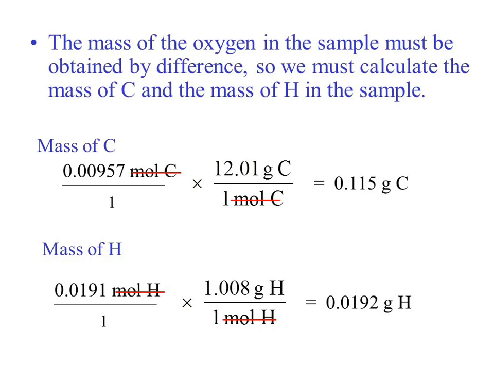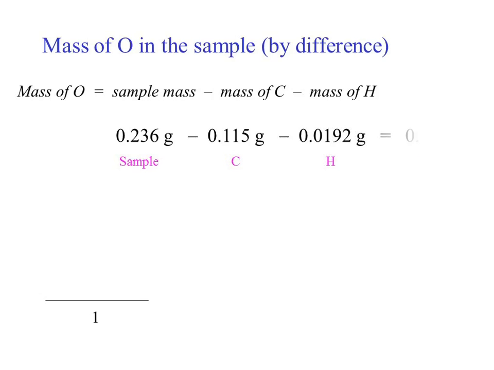So now we can go ahead and by difference get the mass of the oxygen. In the problem, it said that the mass of the sample was 0.236 grams. Doing this another time, I would have put that mass under the CxHyOz, the thing that was being burned.